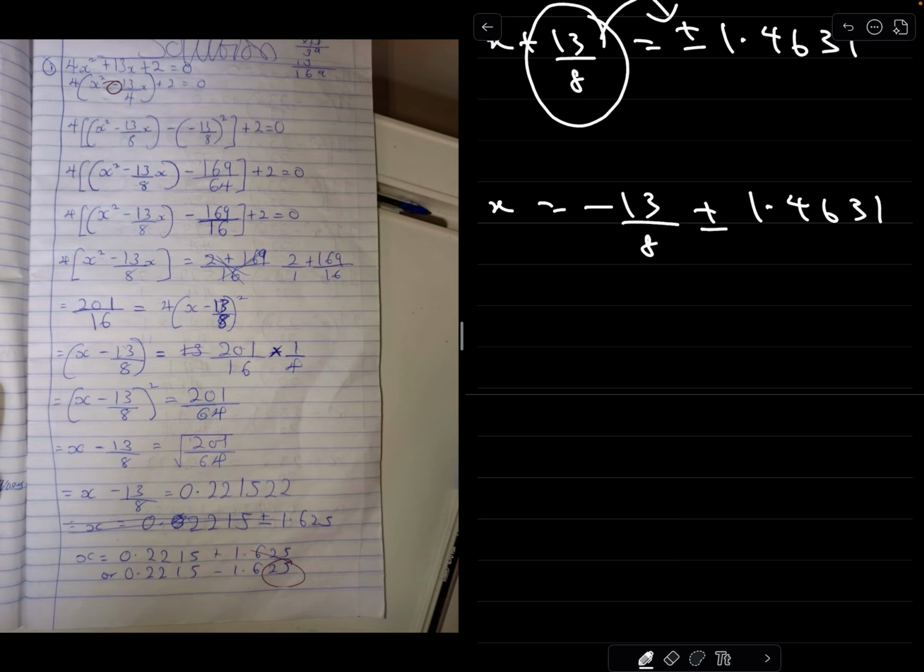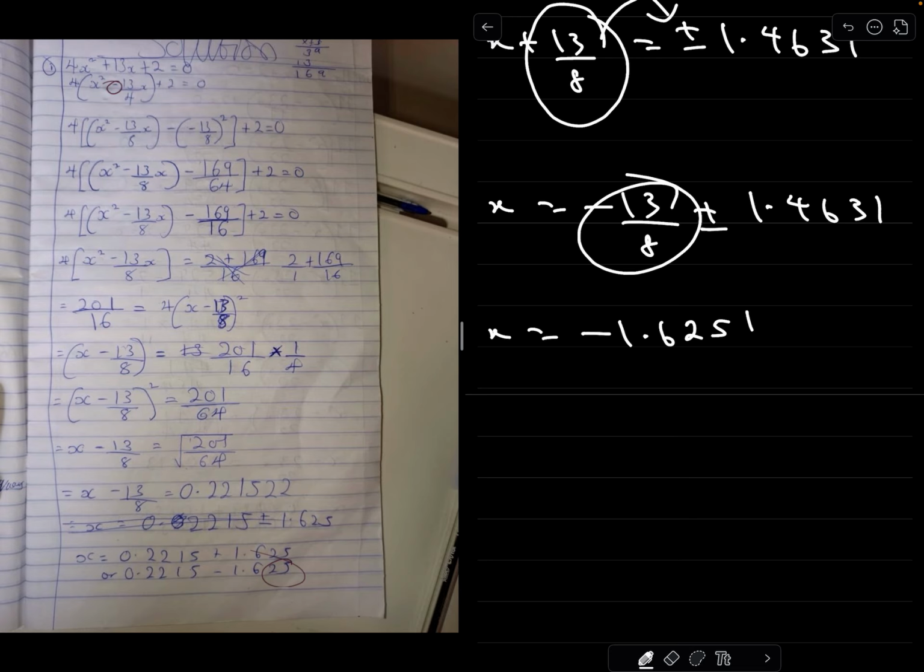And this simply means x equals, let's divide minus 13 by 8. Minus 13 divided by 8, that's minus 1.625.